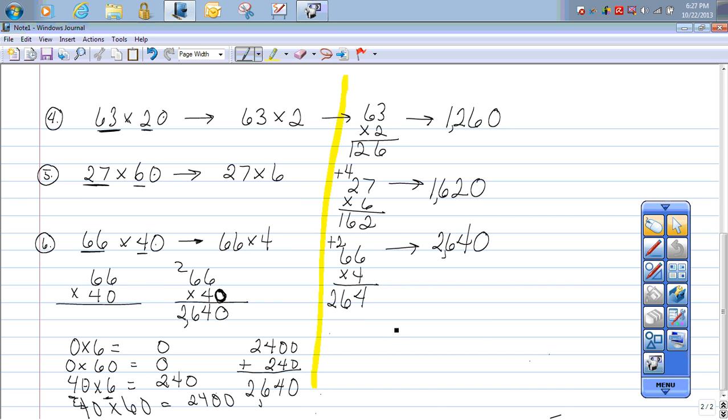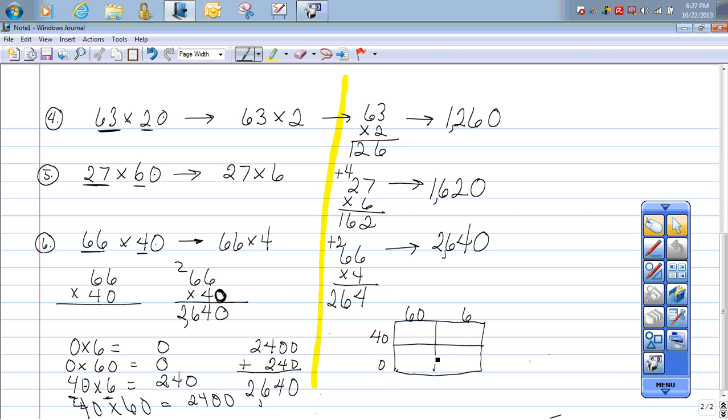Sometimes you will see this in a table, and it will look something like this. You will have your number 66, 60, and 6, and 40, and 0.